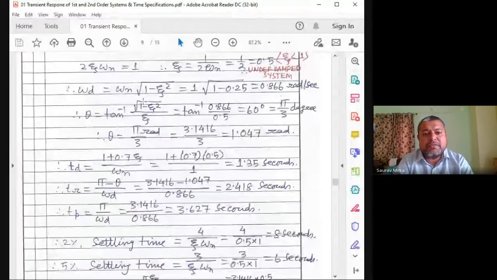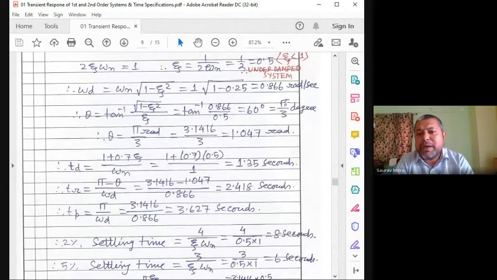Theta is equal to tan inverse of root under of 1 minus zeta square by zeta. So 0.866 divided by 0.5, it is 60 degree or pi by 3 radian. Here I have written wrong, so pi by 3 radian it should be. So theta is equal to pi by 3 radian, so 1.047. If you are doing it in the calculator and you set the calculator in radian, you will find 1.047.